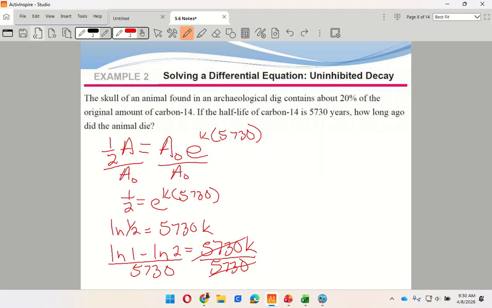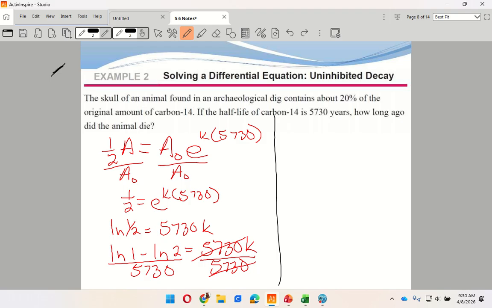All right, so I have the K value. Now, this is going directly into the next one because all I did is the half-life formula to get the K. Now, let's look at the problem that we have. 20%. Okay, how much is now left? 20%, right? How would I write that as a fraction? 1/5, very good.